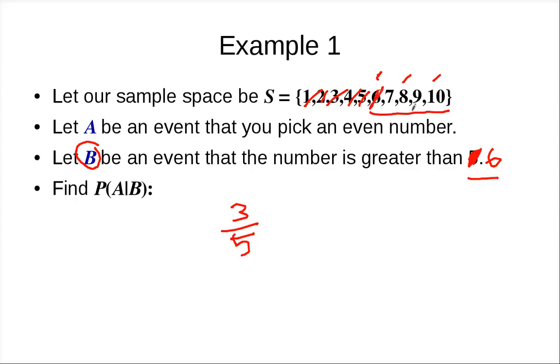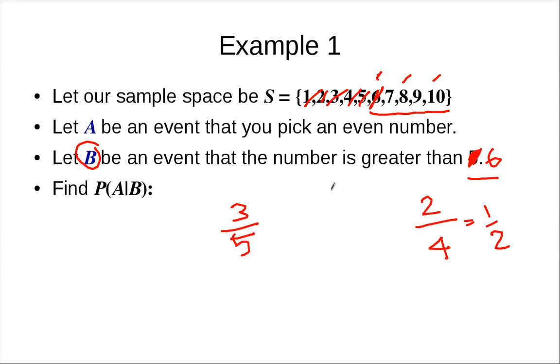So the outcomes that belong to event A are only 2 outcomes. So you have 2 out of 4 remaining. This is 1/2, and this is equal to the case when you don't know B, right? You don't know whether the number is greater than 6 or not.